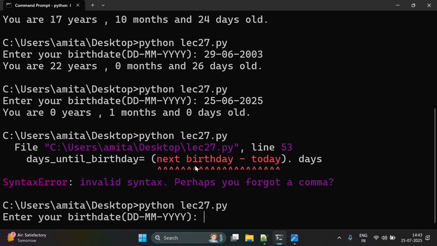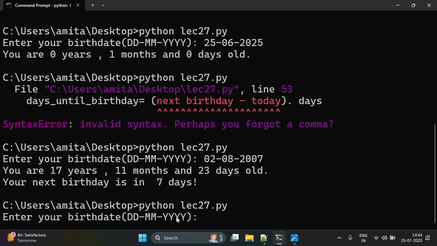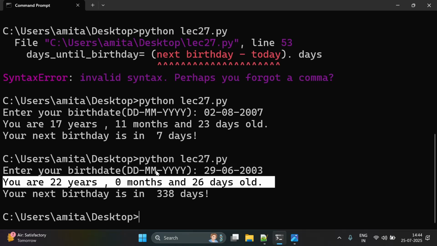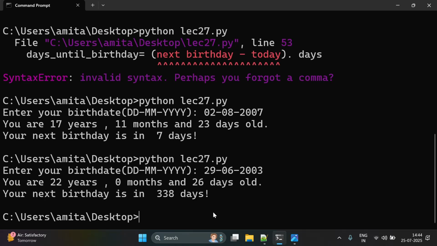Okay, so if we take the same, that is 2nd of August, or 2020, sorry, it was 2007. So this says you are 17 years 7 months 23 days old, and your next birthday is in 7 days. Okay, so if I take the example that I was telling, 29 of June 2003, then you can see it has first printed the age, that is 22 years 26 days old, and the next birthday is in 338 days.